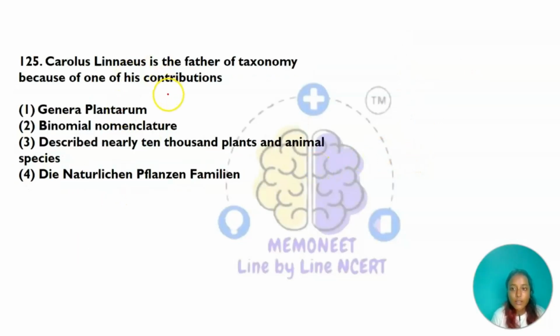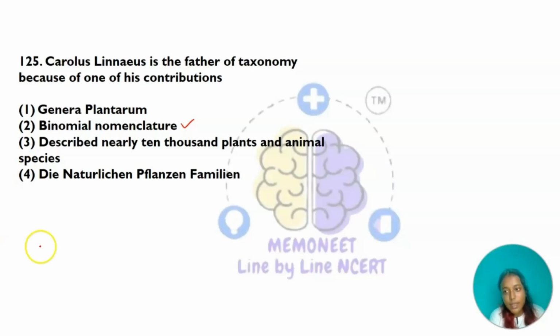Carolus Linnaeus is the father of taxonomy because his contributions include Genera Plantarum, binomial nomenclature, and describing nearly 10,000 plants and animals. The correct answer to this question is that he developed binomial nomenclature, in which the names of organisms have two parts, which are Latinized.